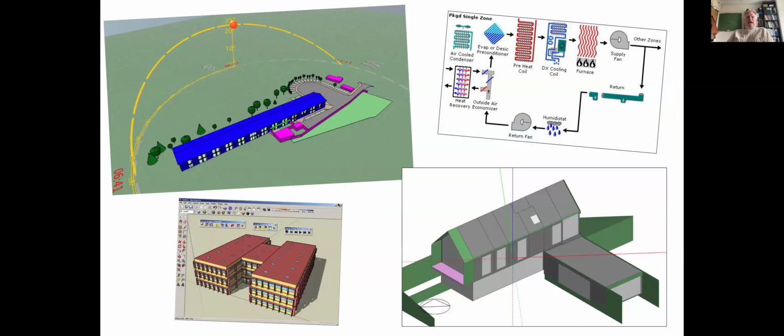So we have a lot of BPS tools available to us nowadays, and this situation has changed drastically. I'm just showing a few here.